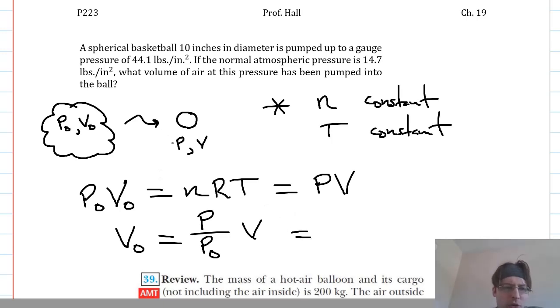The final pressure. We're told that it's pumped up to a gauge pressure of 44.1 psi, pounds per square inch. Now, gauge pressure is not the actual pressure of the gas. Gauge pressure is what you measure using one of those tire gauges. They don't tell you what the actual pressure of the gas is.